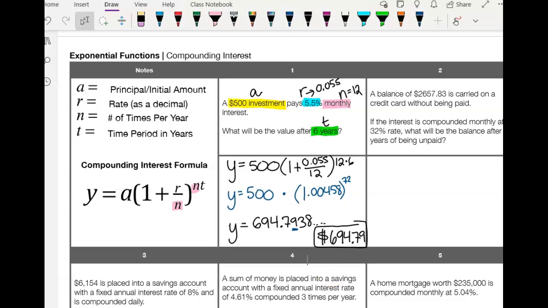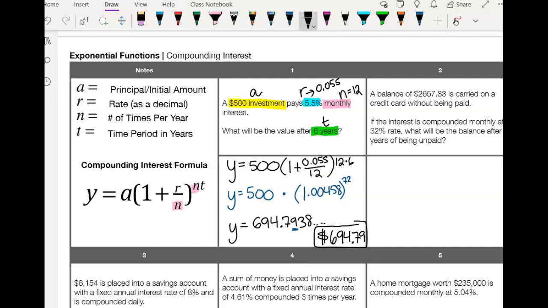Depending on where you rounded the number inside those parentheses, you might have gotten a slightly different answer than what I got. Maybe you estimated it as 1.39 and then multiplied by 500.